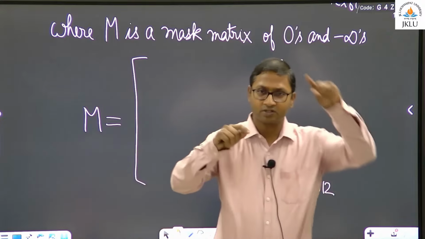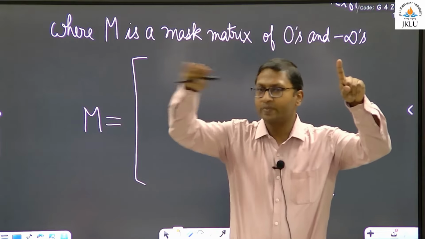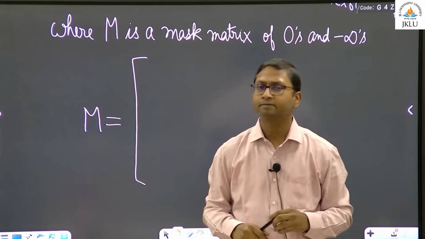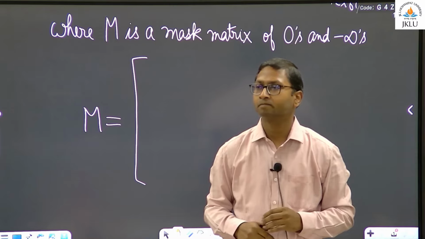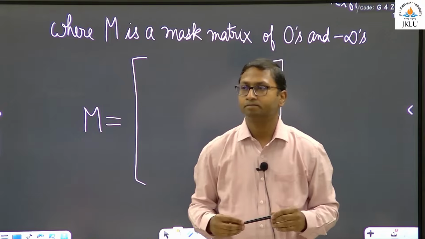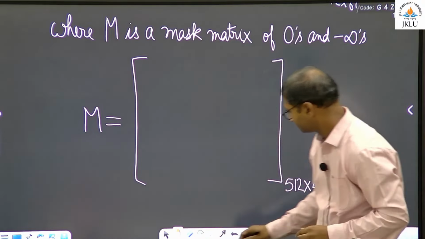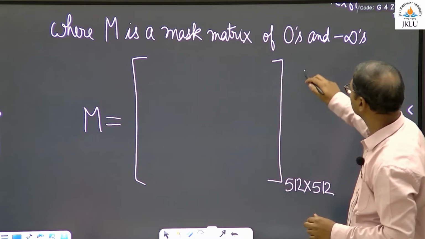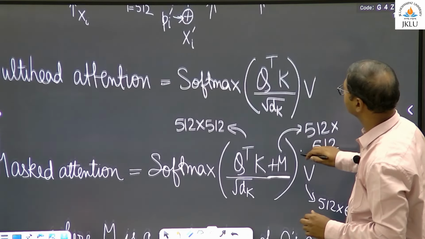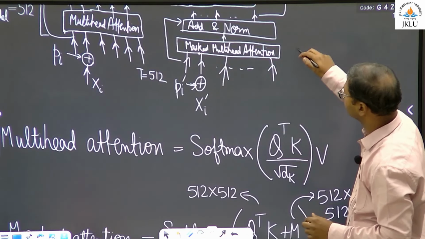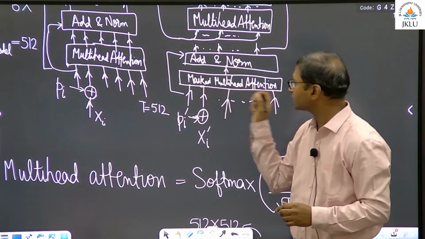So if I have this 0 and rest everything is minus infinity, what is it? So we go and look somewhere here. So what is going to happen here?